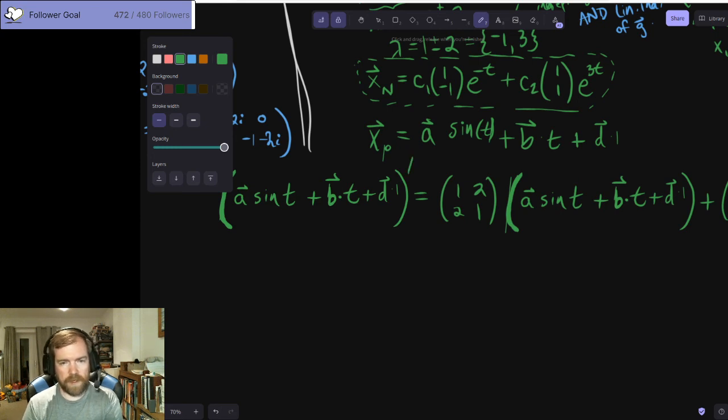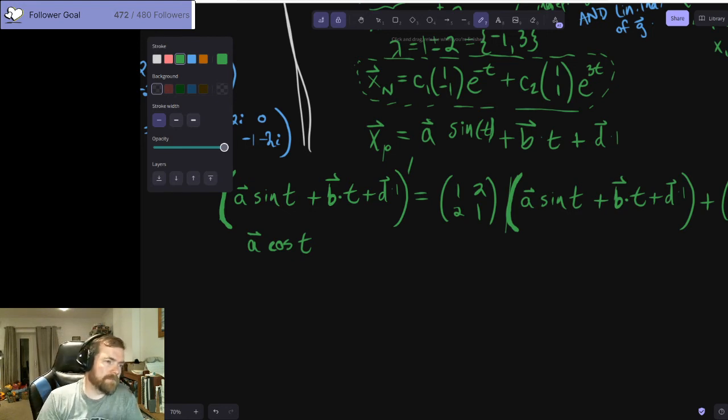Okay, a sine of t is going to be a cosine of t. Is that another thing? I may also need to include a cosine of t in the original g. Yeah, I do.